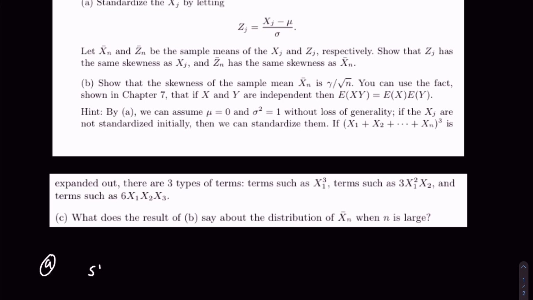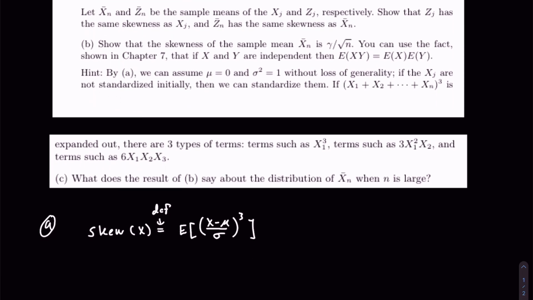So the skewness, by definition, of x, so this is just a definition, is the expectation of the random variable minus its mean, divided by its standard deviation, and then everything to the power of 3.